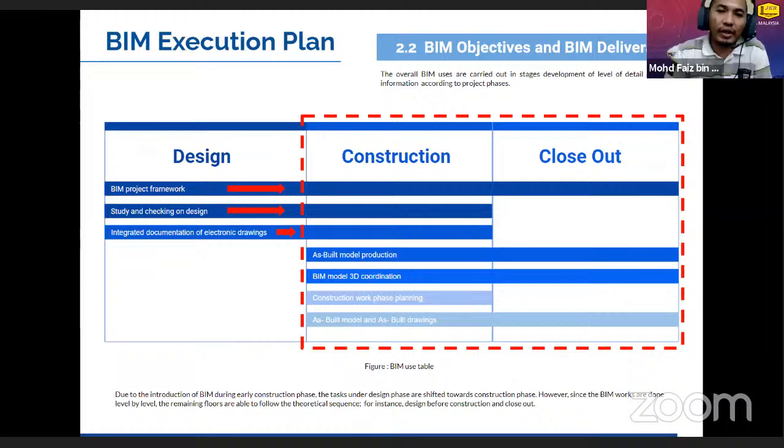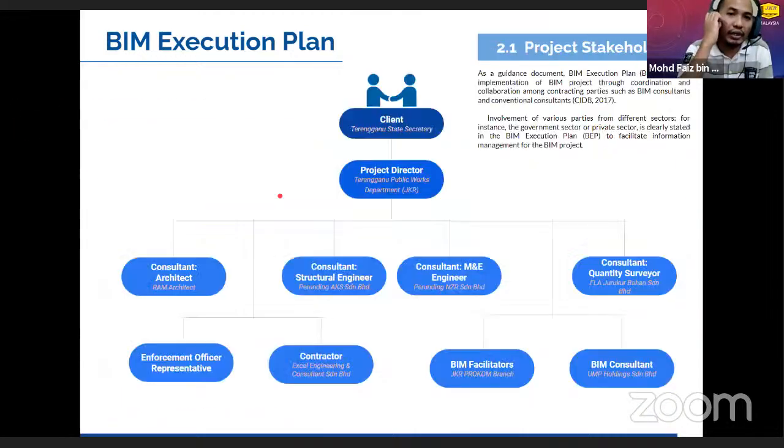Maybe you can add how long the BIM model took to develop by the BIM consultant, and the additional cost for doing this BIM. I think you got that right. I think I got that information.